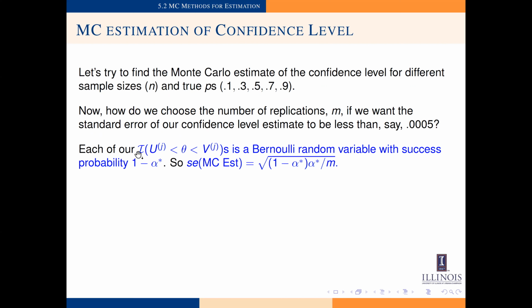Each of these will be equal to 1 with probability 1 minus alpha star and equal to 0 with probability alpha star. So you can see that our Monte Carlo estimate, which is the sample mean of M of these Bernoulli random variables, will have a standard error equal to the square root of 1 minus alpha star times alpha star divided by M.